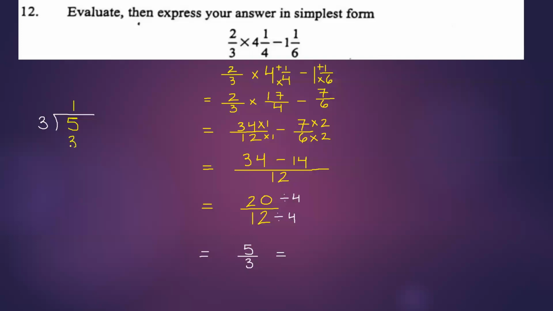So it's 1 times 3, which is 3. 5 minus 3 is 2. So it's going to be 1 and 2 over 3. Good, 1 and 2 over 3.